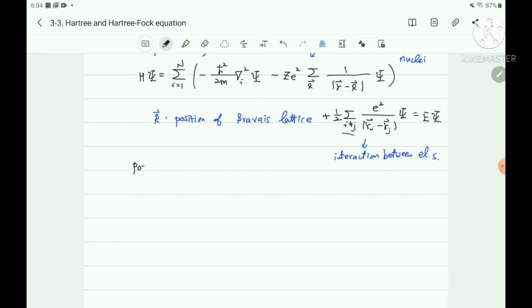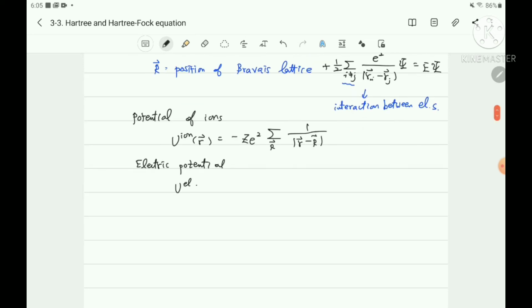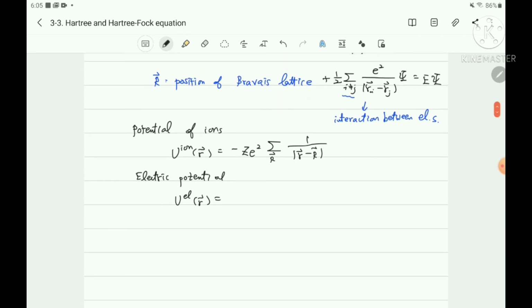Therefore, let's separate the potential of the ions. The ionic potential U is minus Ze squared, with respect to the Bravais lattice, over r minus R. And the electric potential can be written down because in theory the electron can be considered as a particle, but in reality there are so many electrons that the electrons can be considered as a distribution of charged particles, a distribution of charge in the state.